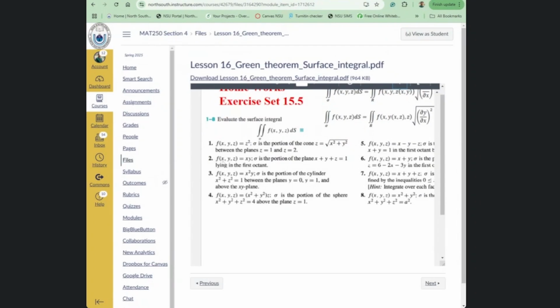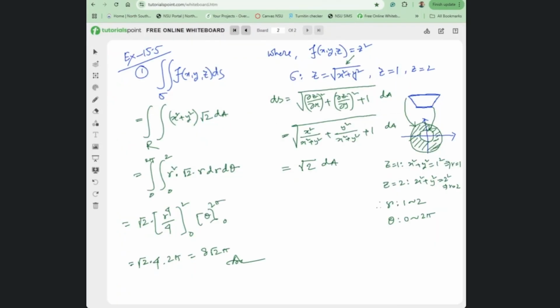Next, number 2: the function of x, y, z equals xy, and sigma is the portion of the plane x plus y plus z equals 1 lying in the first octant.